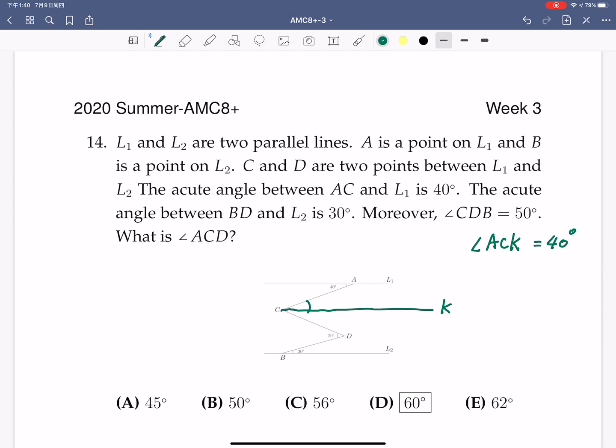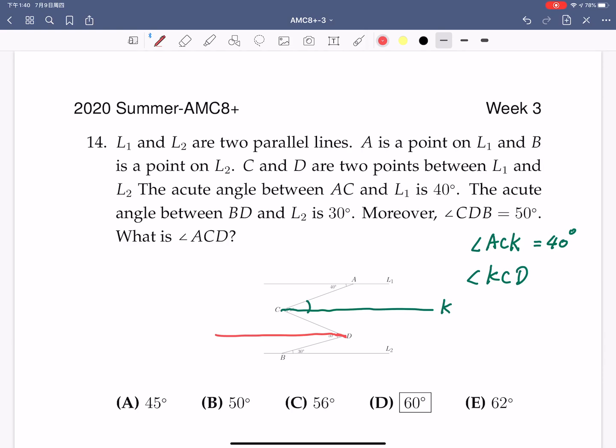Next, we are going to compute angle KCD. We cannot do it directly. What we can do is draw another line starting from D, which is parallel to L1 again.